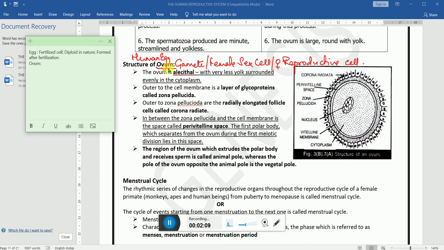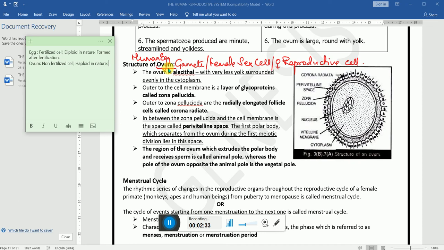When we are talking of an ovum, it is a non-fertilized cell, and it is haploid in nature. So no fertilization has taken place.